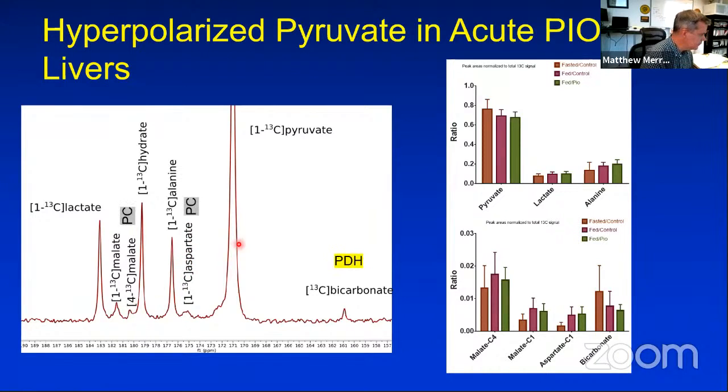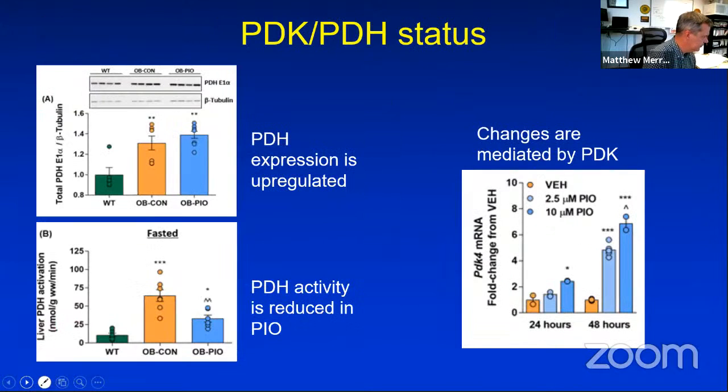So these metabolites come from PC flux, these metabolites come from PDH flux. We've got fasted, fed, and fed versus PO. And you see that there's just nothing that's different across these in any way. So we conclude that acute treatment with pioglitazone also does not modulate PC versus the PDH flux.